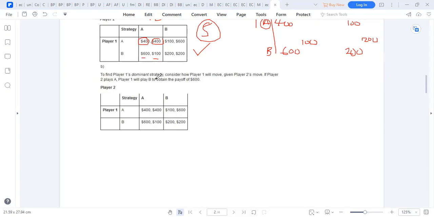So the dominant move is when player 1 chooses strategy B, whereas player 2 chooses strategy A. Here, the dominant move for player 1 is because it's going to make more than player 2 will. So player 1 will play strategy B to obtain 600. So this is the dominant move for player 1.